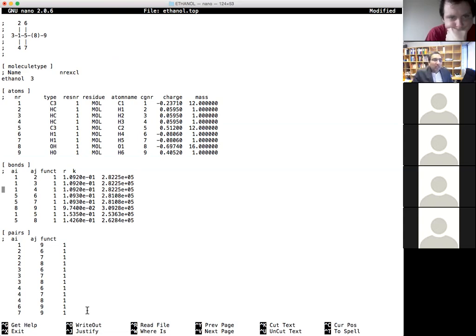Okay, that atom C3 of ethanol is supposed to have a charge of this much. So this is available for standard molecules like proteins, lipids, DNA, ethanol, standard organic solvents, and so on. But if you have a new type of drug that nobody has ever seen before or nobody has simulated before, then you have to run some quantum calculations in order to get these numbers. Okay, does that answer your first question?